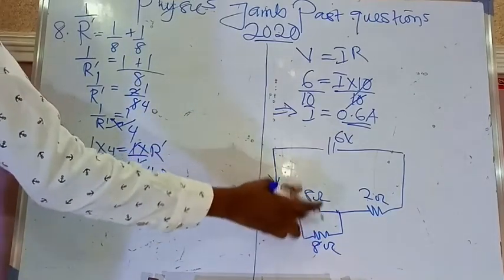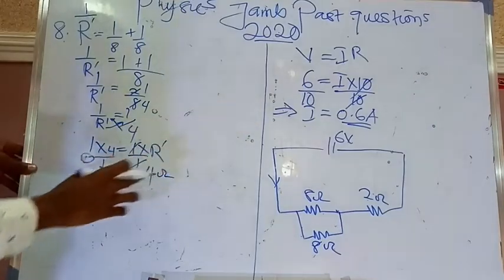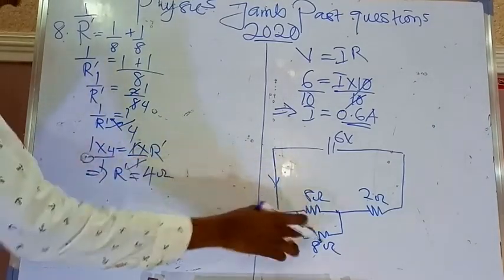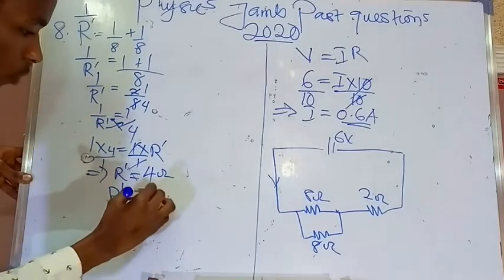This is the combination of these two 8 ohm resistors in parallel. So this is no longer 8 ohm, but R prime, which is now 4 ohm.